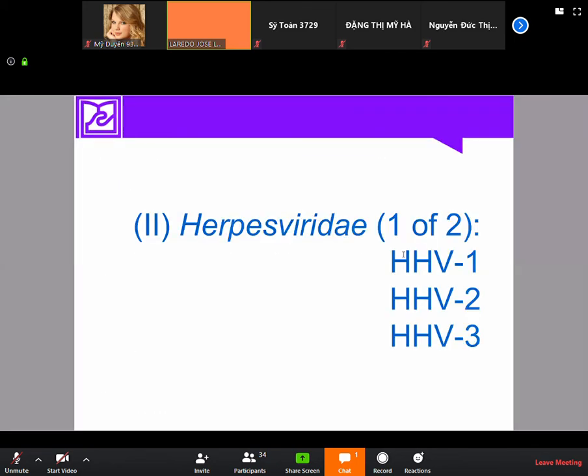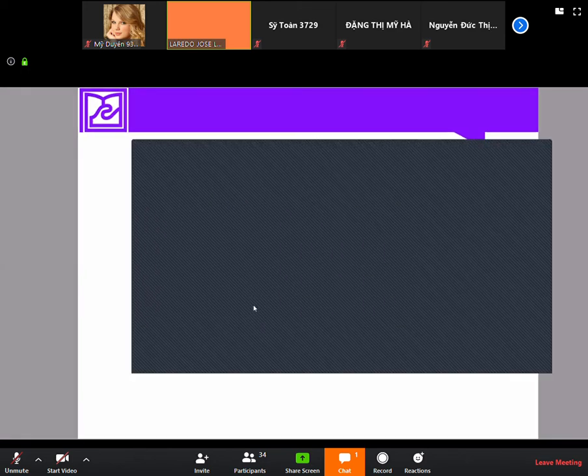Okay. So we are going to continue with the class today. We are going to start with the first one of the DNA viruses. When we study viruses, we are going to follow this table that you already have.